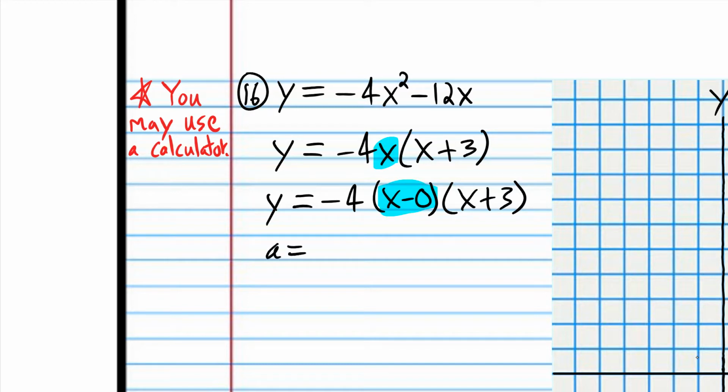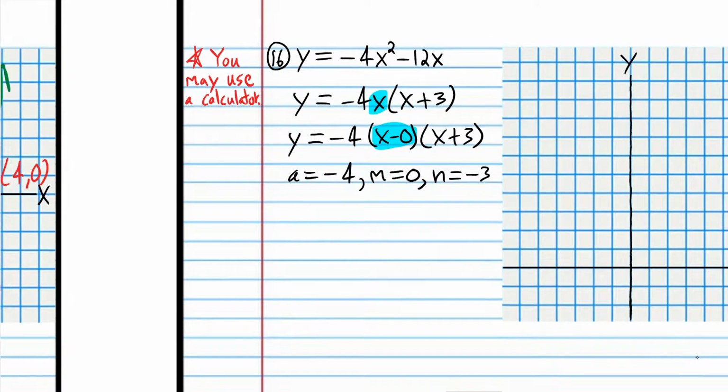And now we see it's in intercept form. Remember, the signs have to change. Step 1 is to find the x-intercepts, but we kind of already did that. So that's an easy thing. That's the benefit of intercept form, is we can see what the intercepts are just by looking at it.